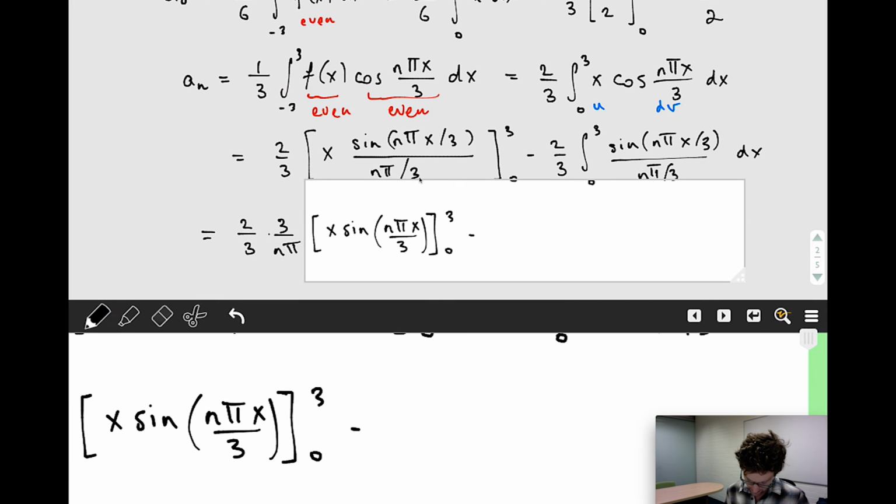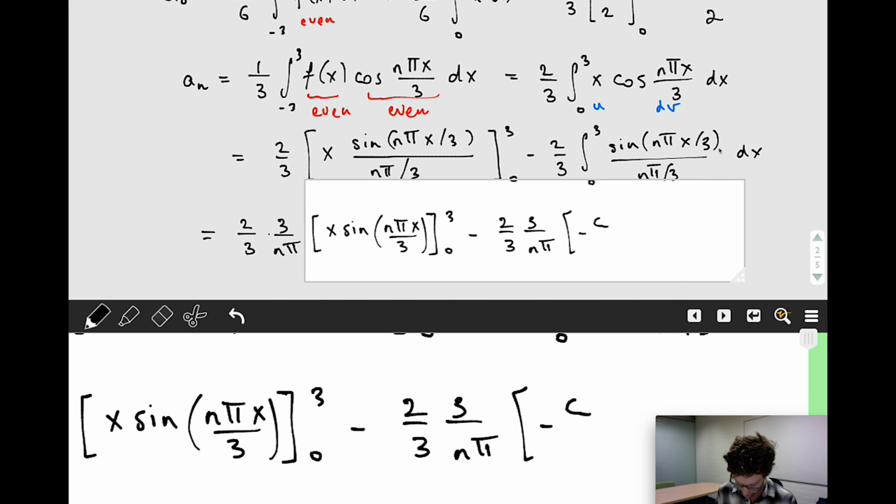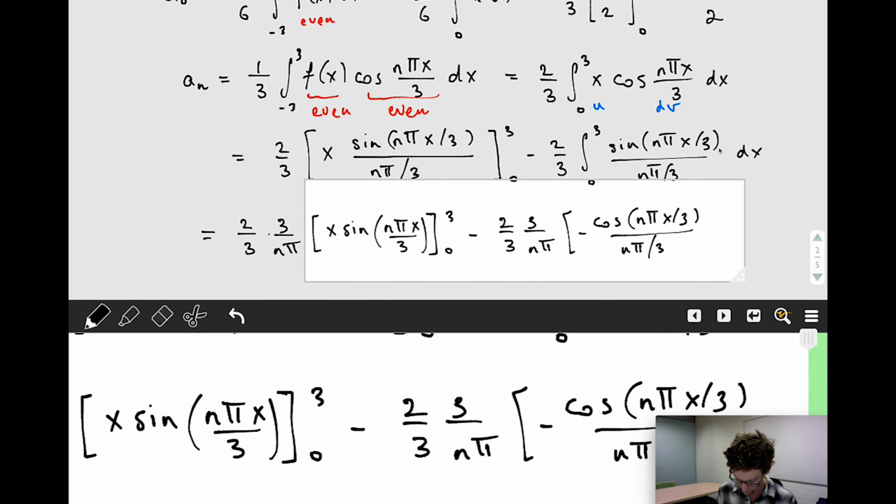Minus, again, I can take out that n pi over 3 and turn it into a reciprocal. And I've got the integral of sine n pi x over 3, and that's going to be minus cosine n pi x divided by 3 all over n pi divided by 3 from 0 to 3.